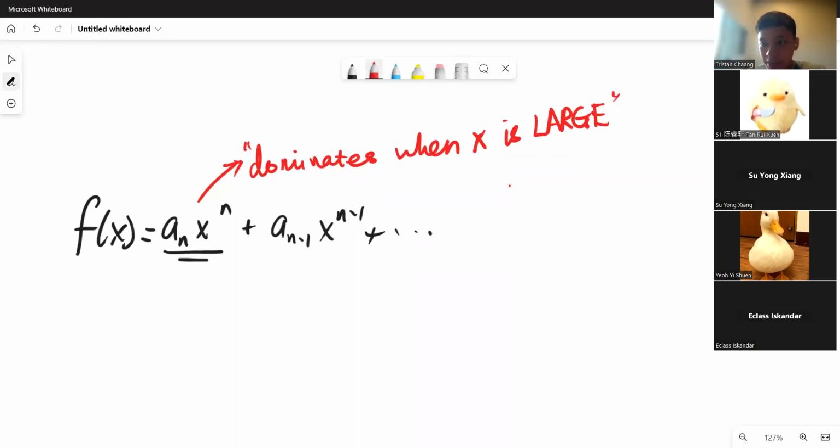So when x is really, really large, the first term will be larger than every single term after it. In fact, it will grow even faster, because of the largest exponent.